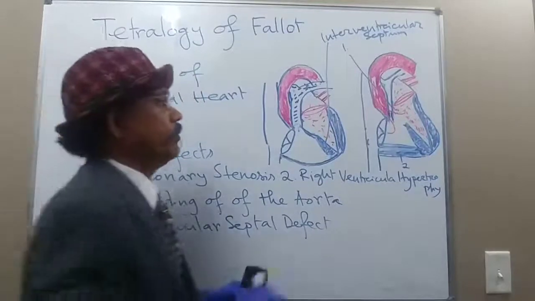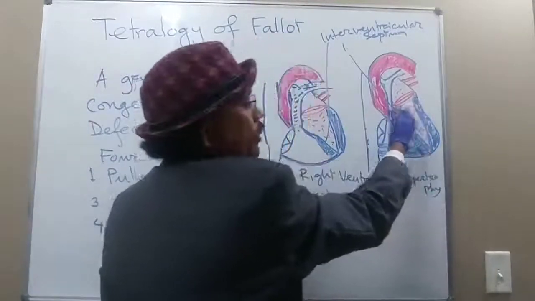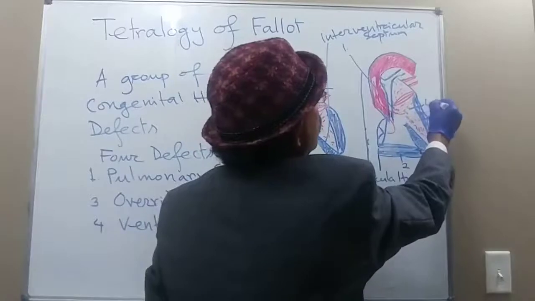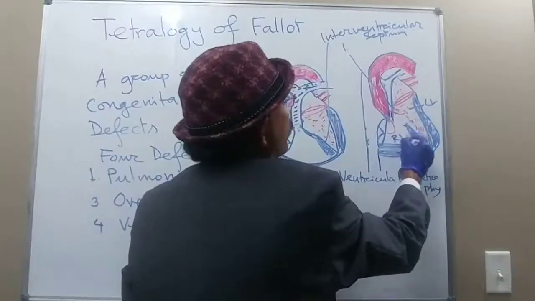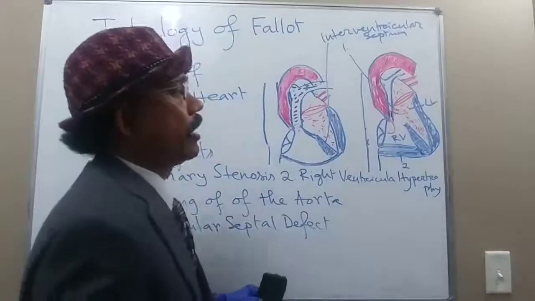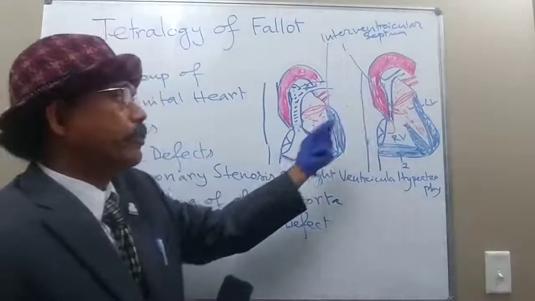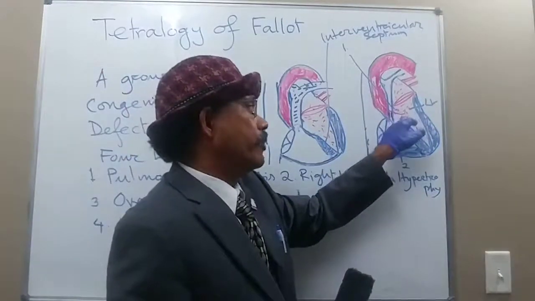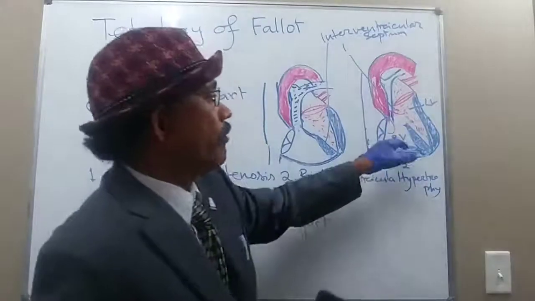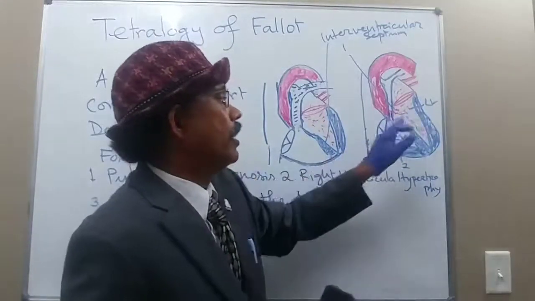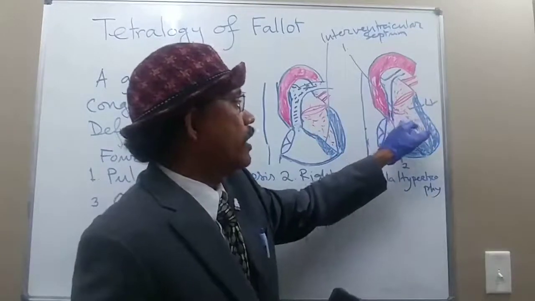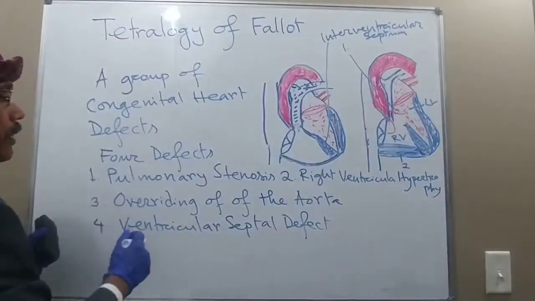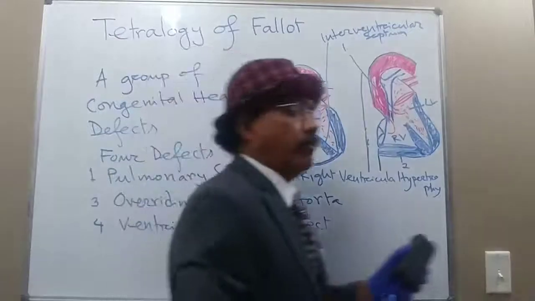The aorta is deviated towards the right, and it is getting blood from both the left ventricle and the right ventricle. The aorta is over the ventricular septal defect. There is a hole here, so blood from the right ventricle goes to the left ventricle, and the aorta gets blood from both ventricles. These are the components of the tetralogy of Fallot.